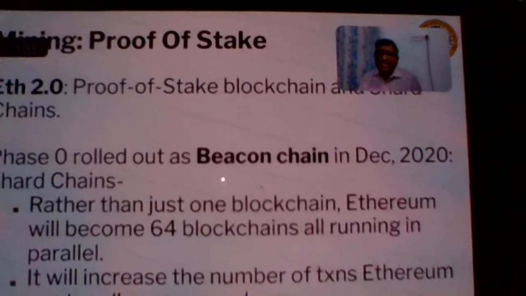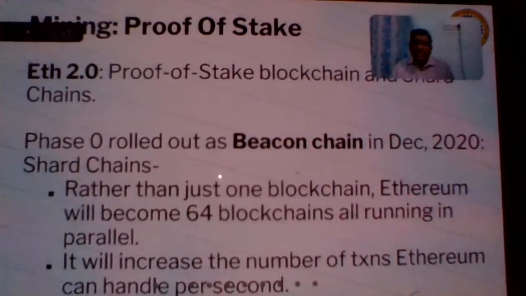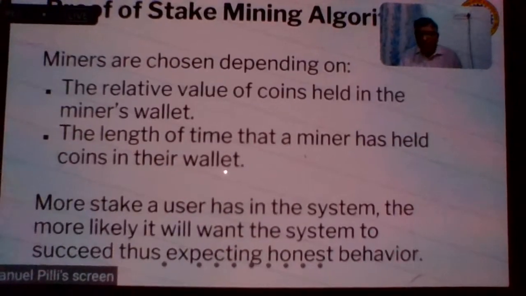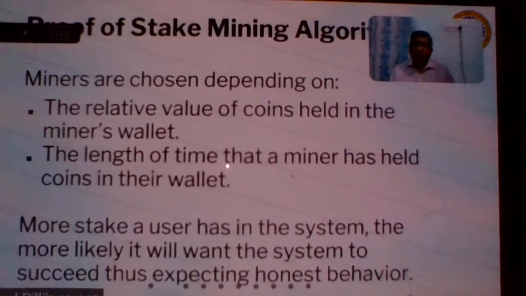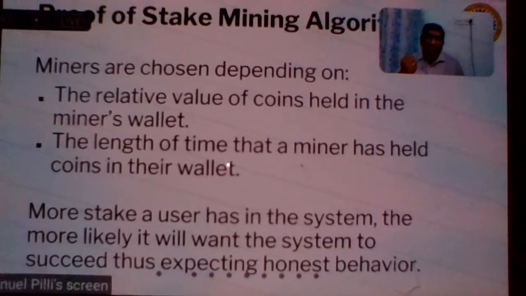So these chains have come up. I think it's now 1 year old. The Beacon Chain has come. Shard chains have come up. Of course, somebody who discussed Ethereum would have mentioned these to you, right? Proof of work is the power that you have.